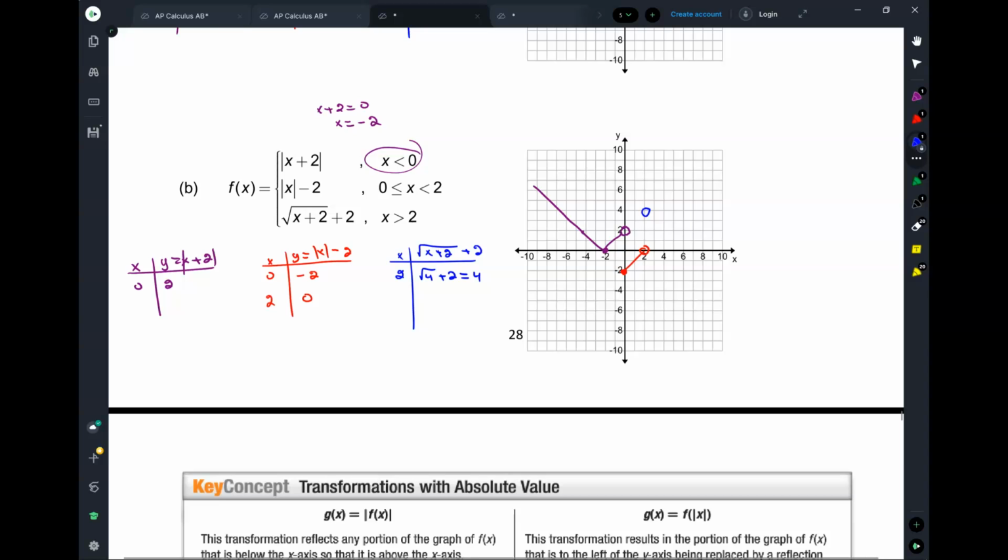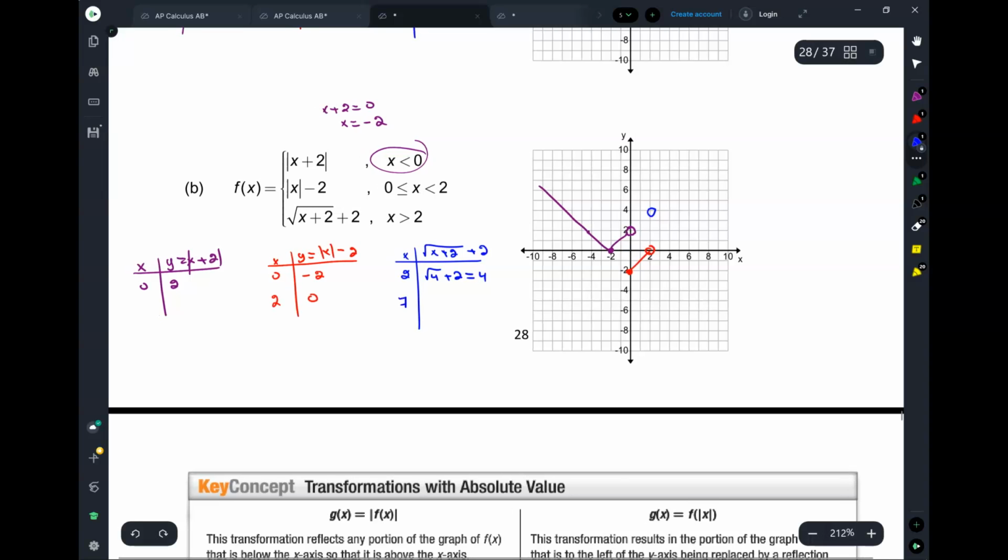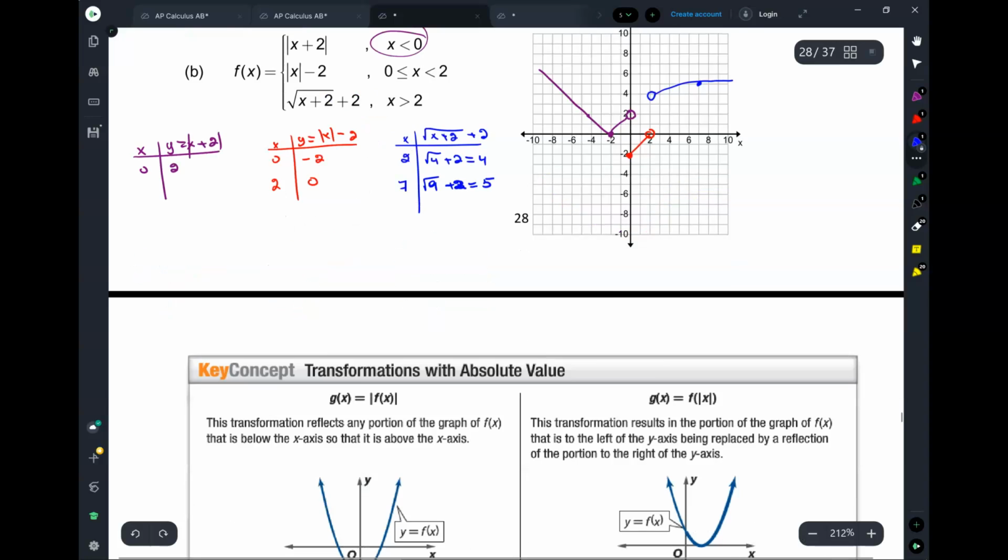So I don't want to choose 3 because then it'll be root 5. 7 is a good one because then I get root 9, which is 3 plus 2 is 5. So at 7, we're at 5. Yes? Okay. That's how that looks.